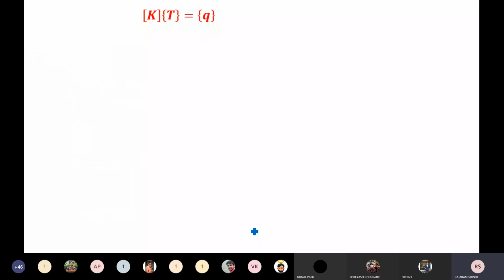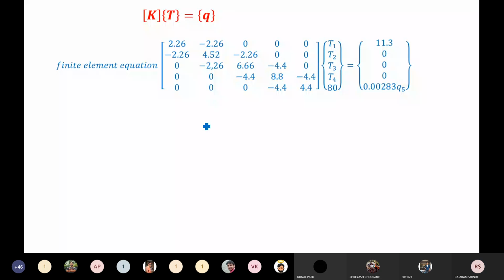Now while writing the finite element equation, you have K into T is equal to Q. This is the finite element equation. Now you put the value of K, next, value of T. This is your K. This is your T matrix with this boundary condition.